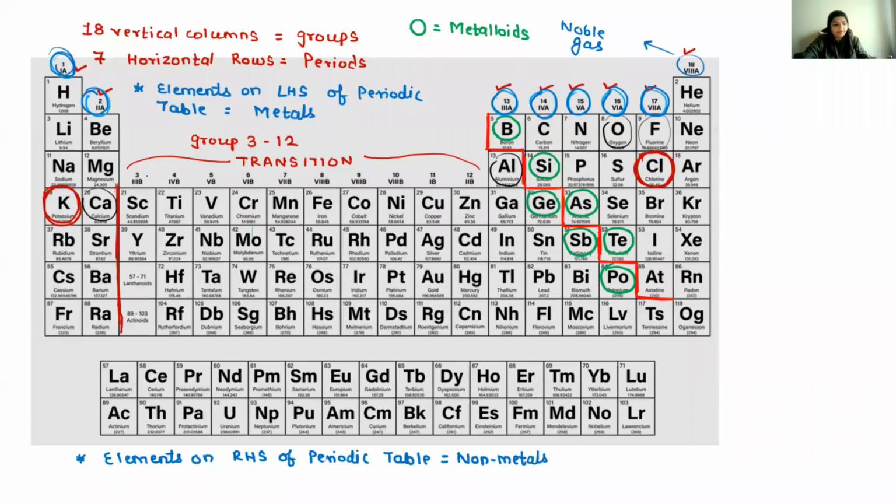But what about these groups? Is it like they are not going to be asking to make formulas of these elements, or it is not going to be required?